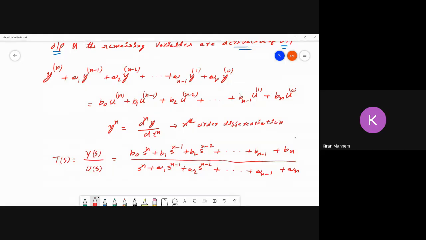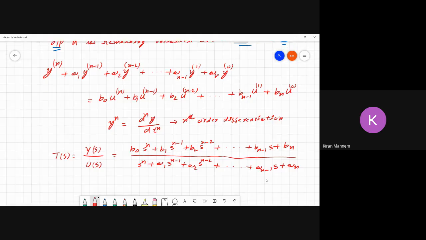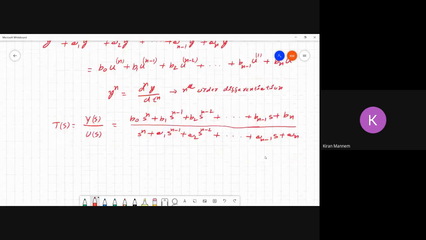Now, what are these terms? For the transfer function, just apply the Laplace transformation on both sides of this general linear time invariant continuous equation, and you get these s terms.